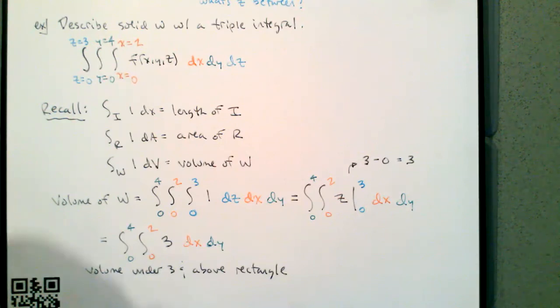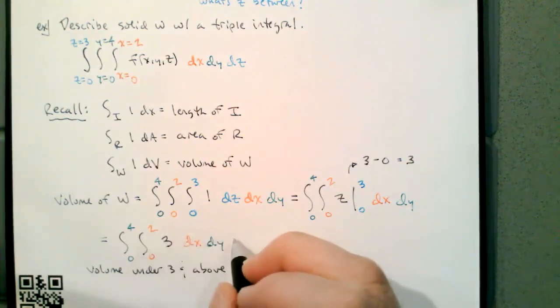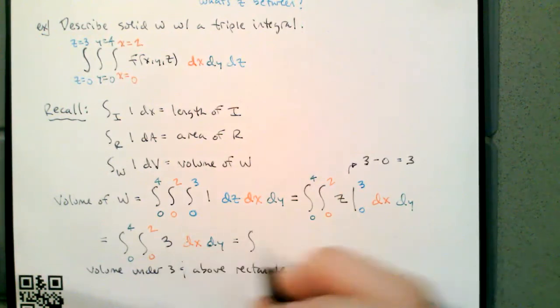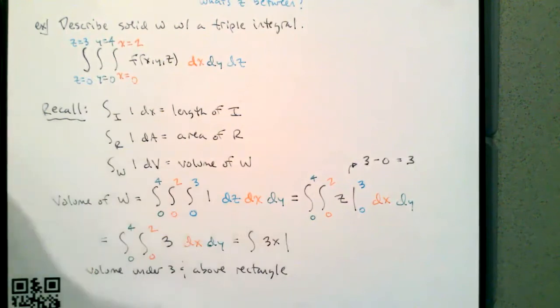If we keep going, well, now we're going to integrate the function 3 and evaluate it from 0 to 2. So our last integral is going to be y from 0 to 4. The integral of 3 with respect to x is 3x, and we'll evaluate that from 0 to 2.